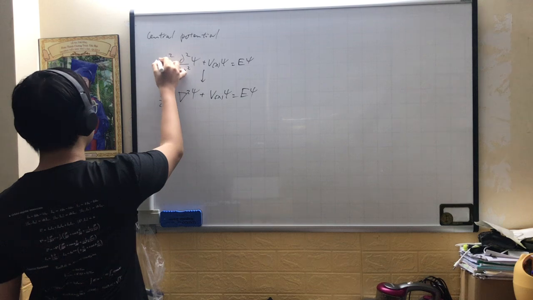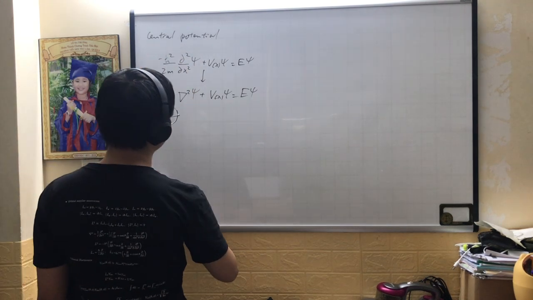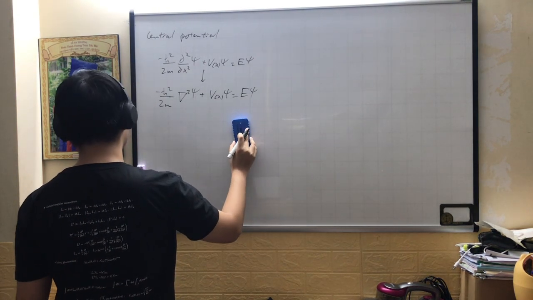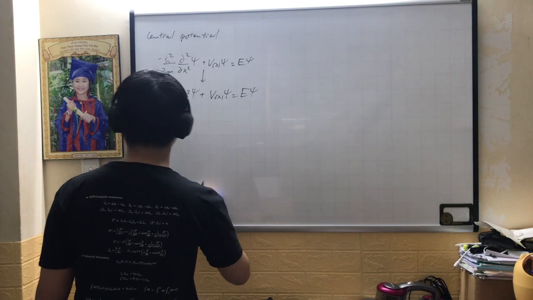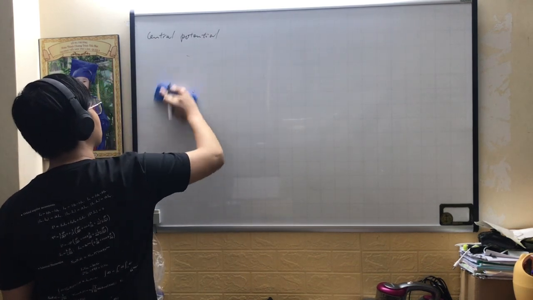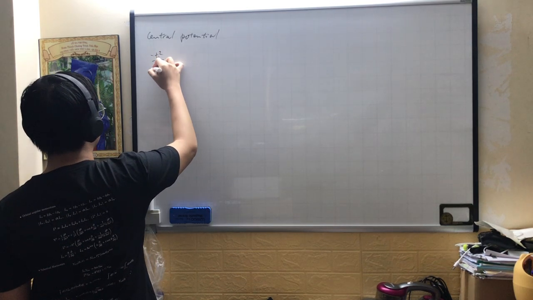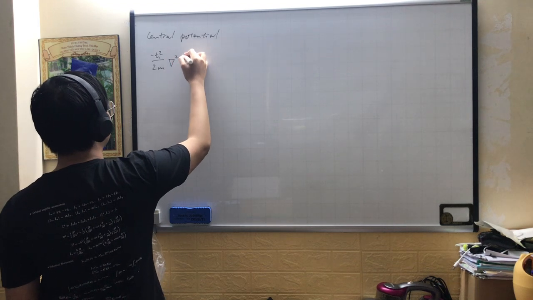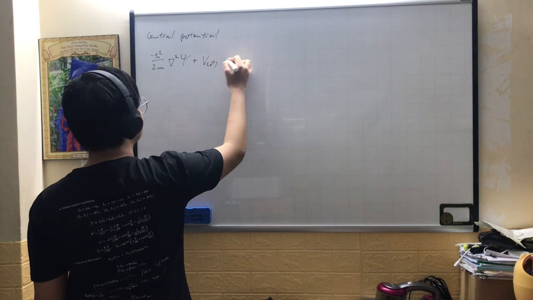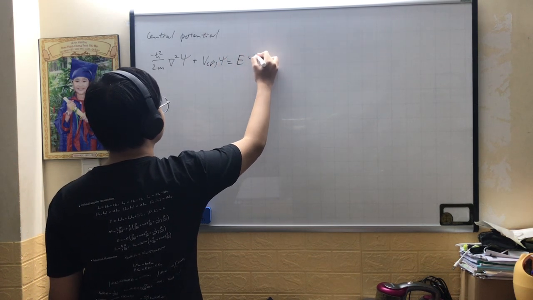So the Schrodinger equation in central potential, or in the spherical space, would be something like this: minus h bar squared over 2m, the Laplacian psi plus V of r, psi equal to E psi.